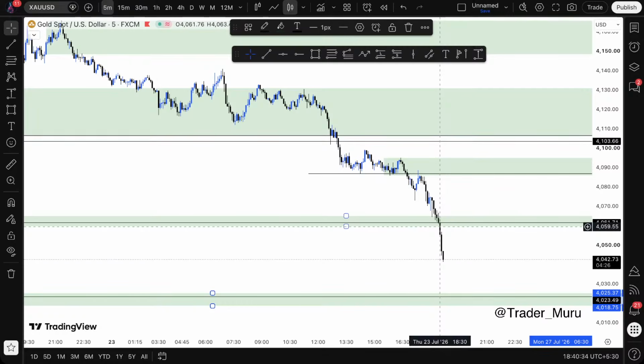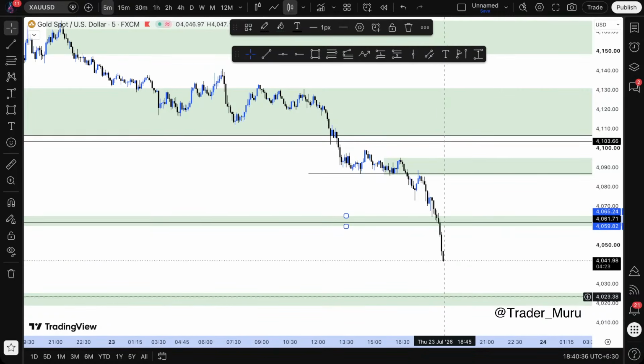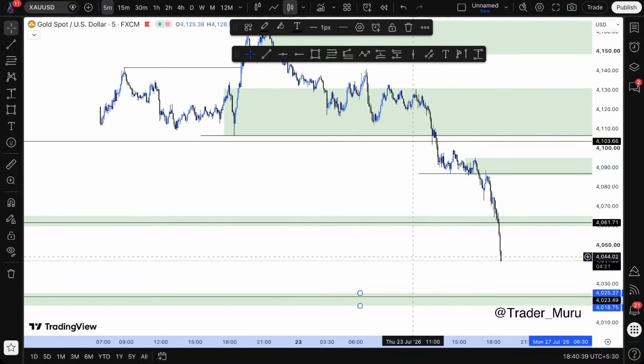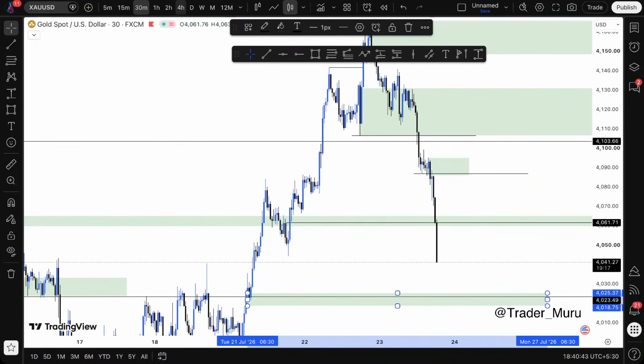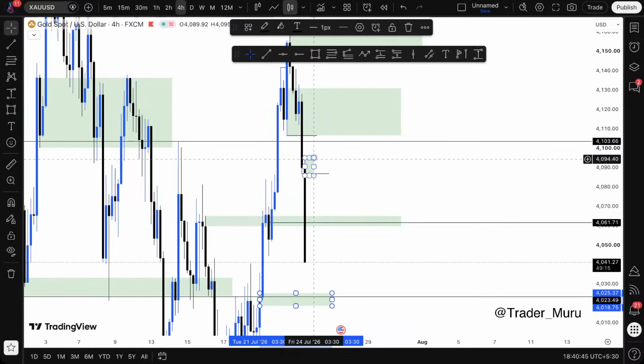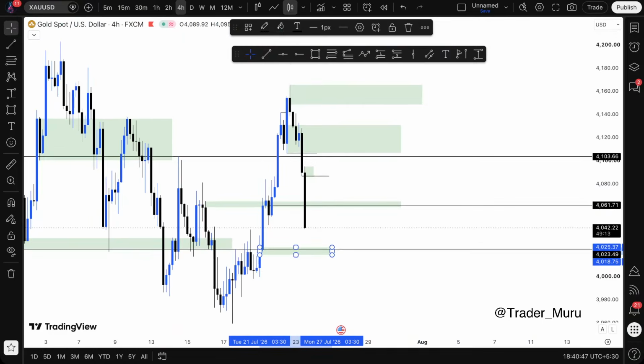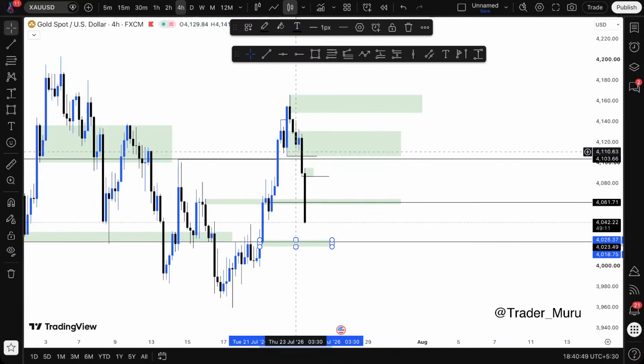If this zone breaks, price will drop to 22. Now we are getting our target, and now 4 hour doesn't have any hope. It looks like we don't have any hope for a little bit of pump again. So it will be bearish.